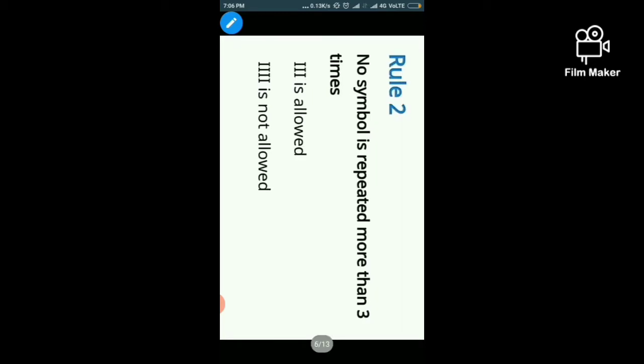Come to rule 2: no symbol is repeated more than 3 times. You cannot repeat any symbol more than 3 times. So here you can see 3 is written, with I repeated a maximum of 3 times, and if you want to write 4, you cannot repeat I 4 times. Okay, so it is wrong. So then how can you write 4?